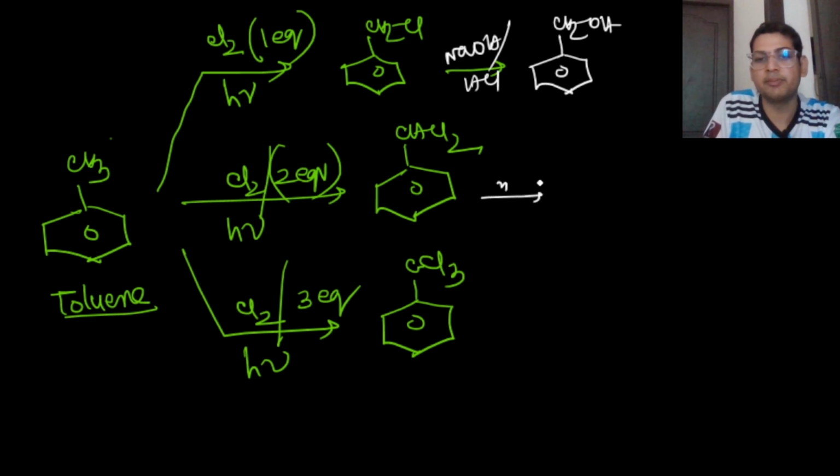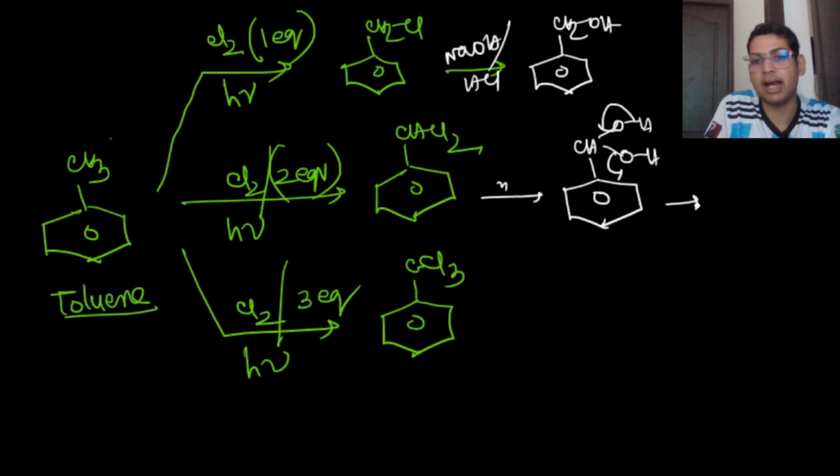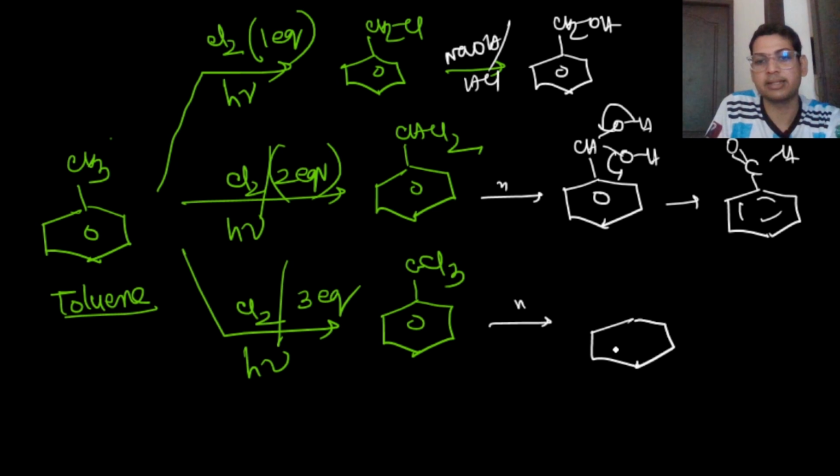The same reaction here gives CH(OH)(OH), gem diol, unstable. So ultimately I will get benzaldehyde. Then the same reaction here: I'll get C(OH)(OH)(OH), and this will leave.